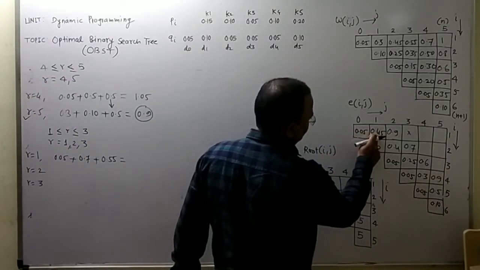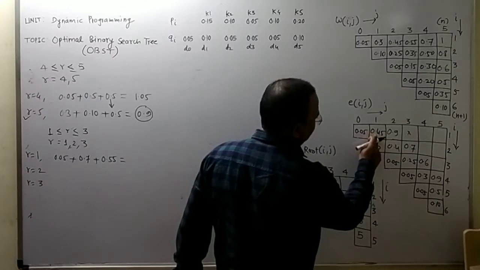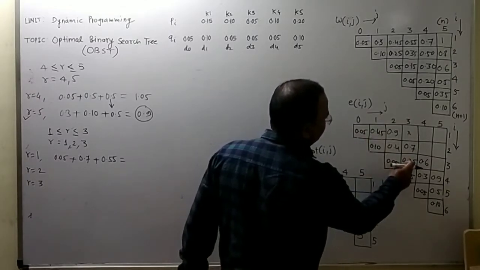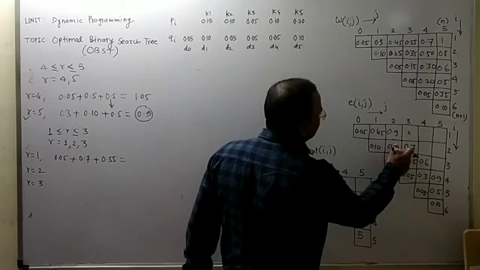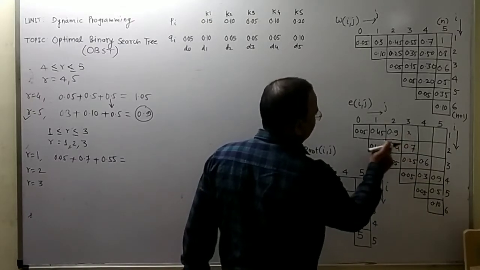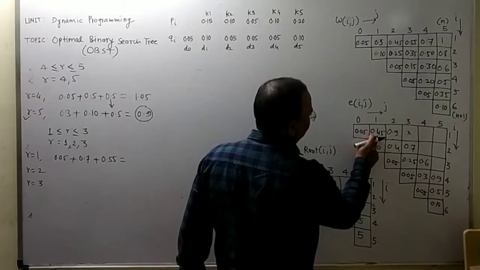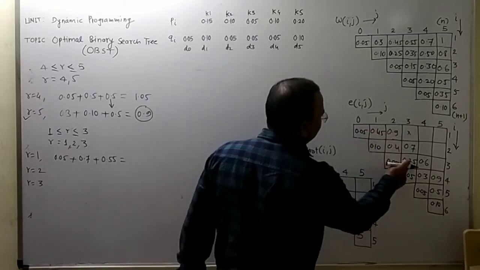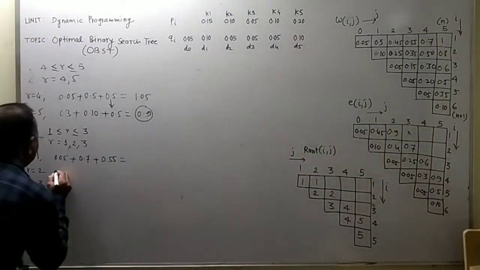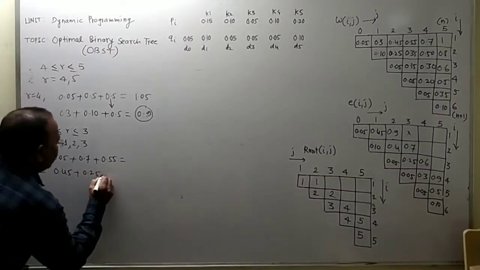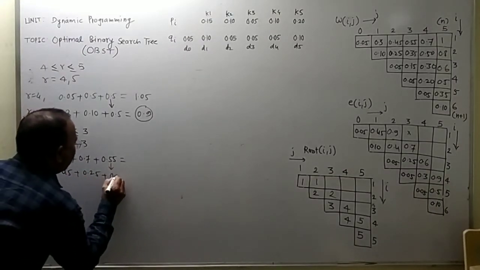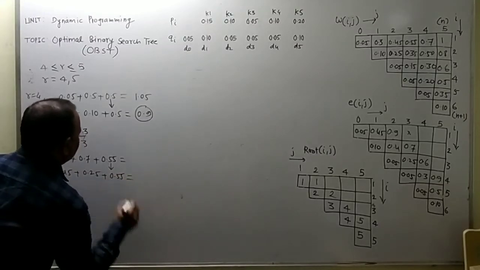Now consider this value 0.45 and 0.25, because this value is already considered in the previous r. Okay. So now consider 0.45 and 0.25. 0.45 plus 0.25 plus W value, that is 0.55 is equal to.